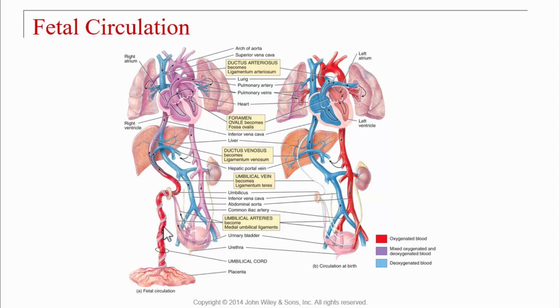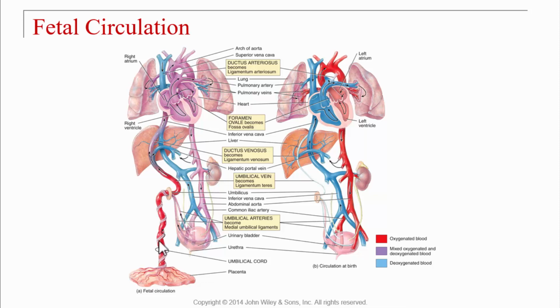So we have this big red vessel here. What do you think that big red vessel is? Is this going to be the umbilical artery or the umbilical vein? What do you think? If you said umbilical artery, then you made the mistake I made when I was taking this class way back when.